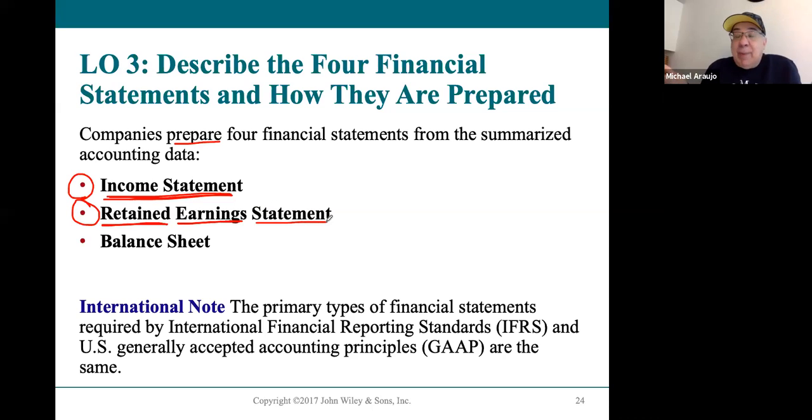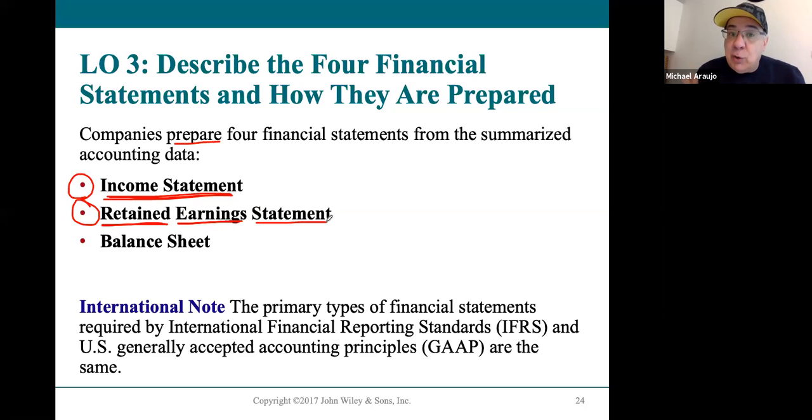Well, what else can happen to a profit of a company? Sometimes the profit of the company is shared with the owners in the form of a dividend. So you probably read the word dividend. A dividend simply is when a company shares a portion of its profits with the owners.